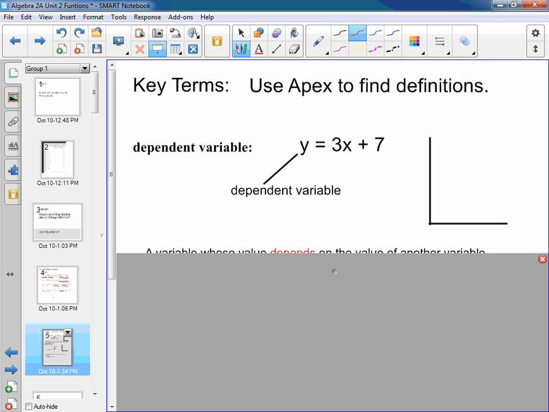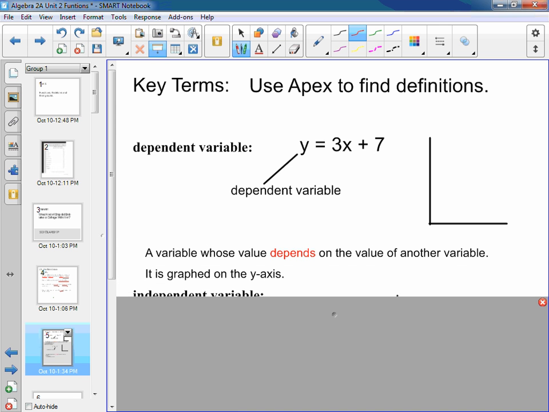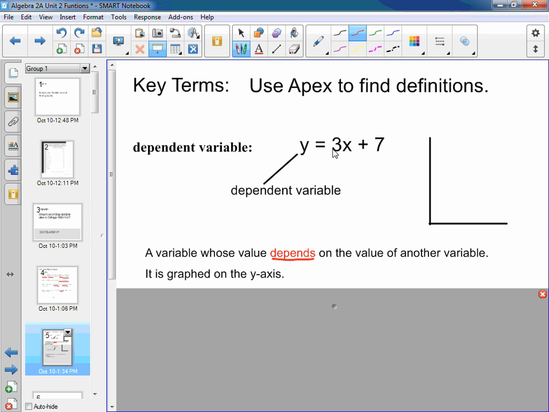Dependent variable. A dependent variable is a variable whose value depends on the value of another variable, and it's graphed on the y-axis. So in this case, the y is our dependent variable.